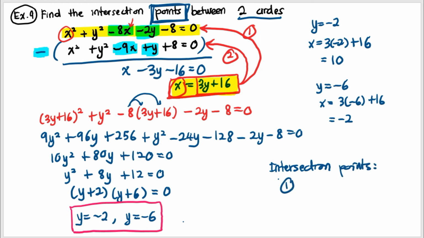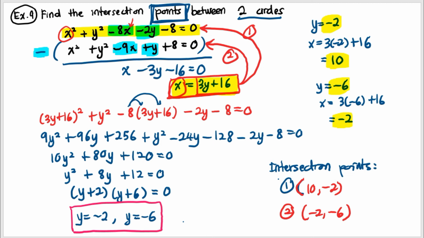Be careful, you have to write the ordinate for x first. So you get 10, -2 and the second one, which is -2, -6.